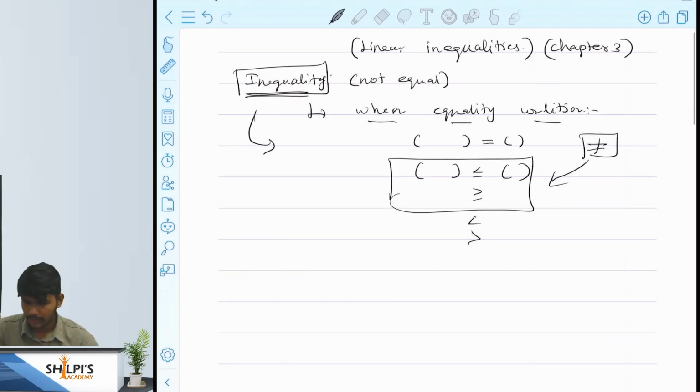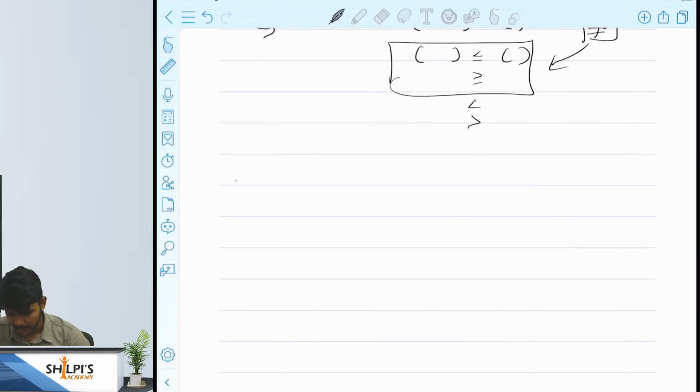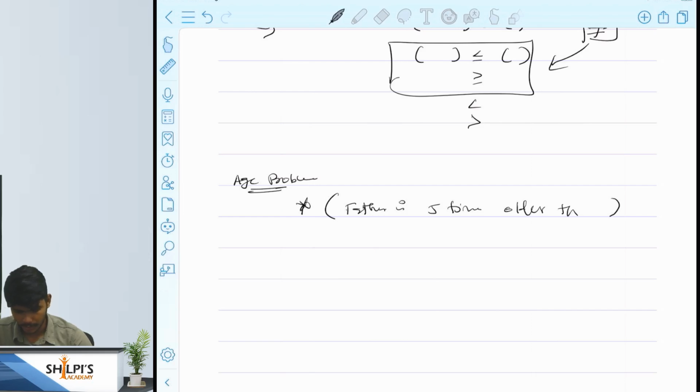and also in this topic we will see how to develop inequalities from a descriptive problem. They will give a passage, and from that paragraph we want to construct an inequality. For example, in age related problems we have seen they give a descriptive problem. For example, the father is 5 times older than his son.